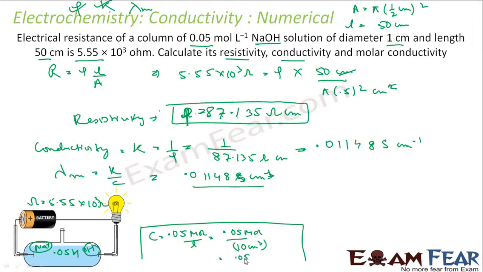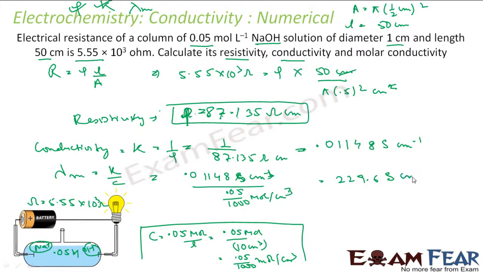This is nothing but 0.05 by 1000 mole per centimeter cube. So if we solve this, you get 296 Siemens, and the centimeter per centimeter cube, one gets cancelled, it becomes centimeter square per mole. And that's my answer. Just take care of the units and you will easily get the answers.